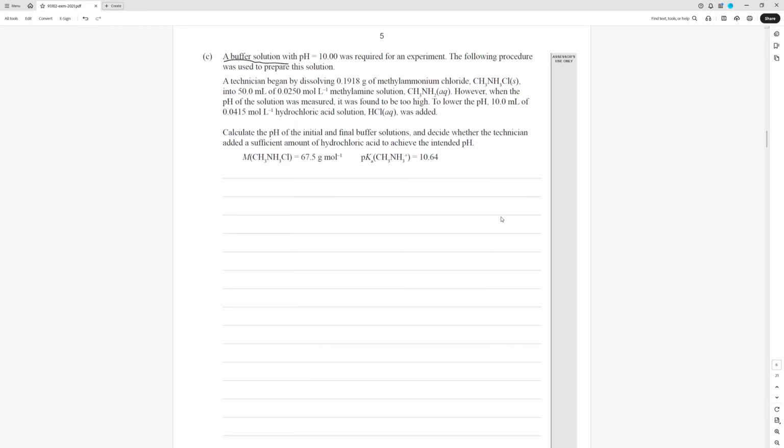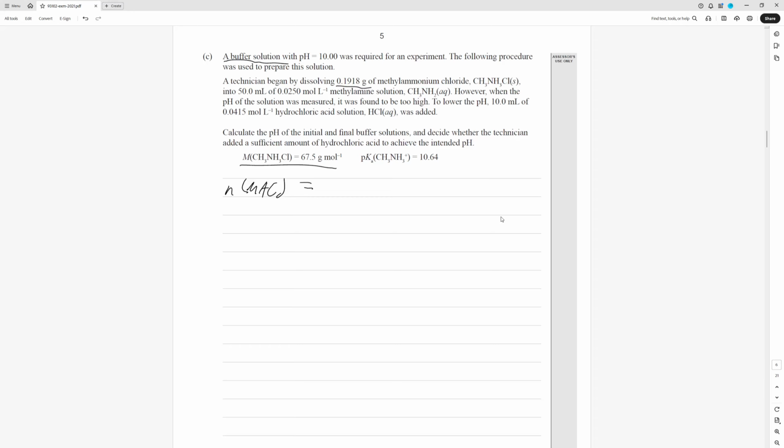So in terms of approaching this question, we can see here we're given the molar mass, we're given the mass. So from that, it's pretty easy. We can just find the moles of methyl ammonium chloride. I'm going to just denote that as MaC.